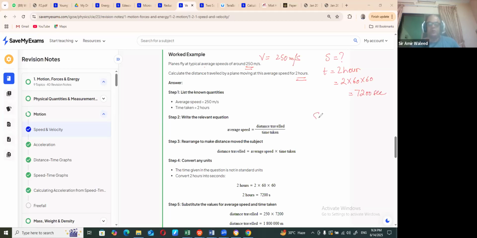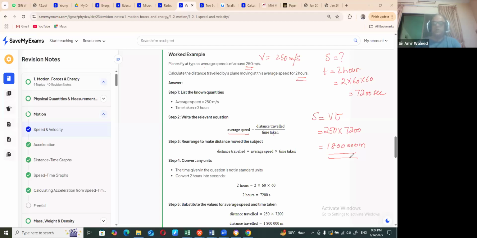So use the formula S is equal to Vt, or average speed is equal to distance travelled upon time. It's the same thing, right? So velocity or speed is 250 multiplied by 7,200, which is equal to the distance travelled, which is 1800 and then 3 zeros meters. So this is the distance the body just covered.